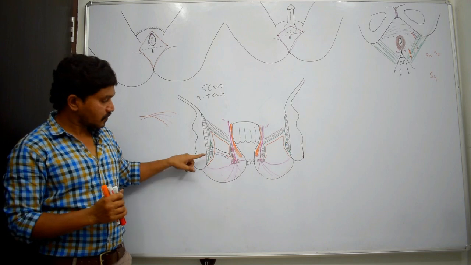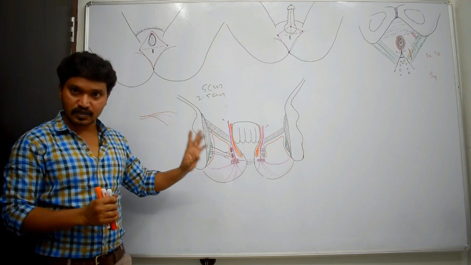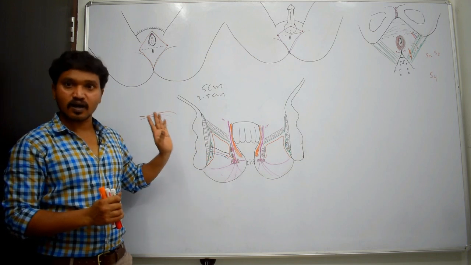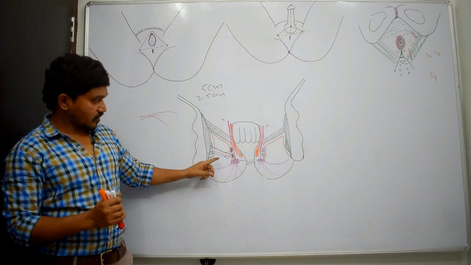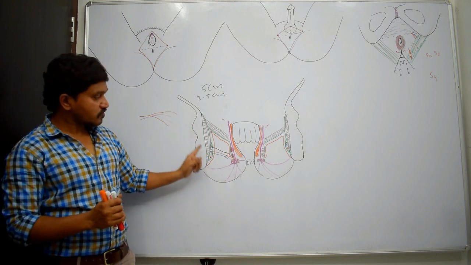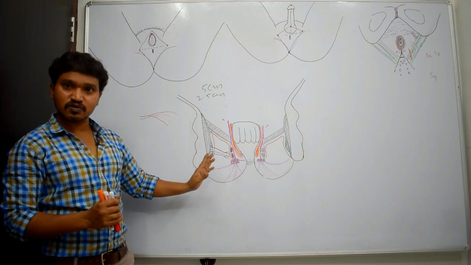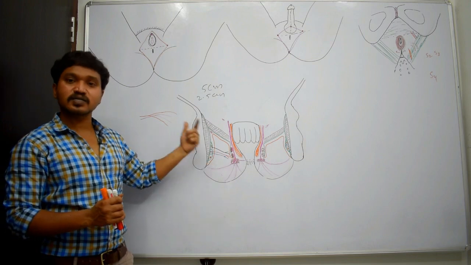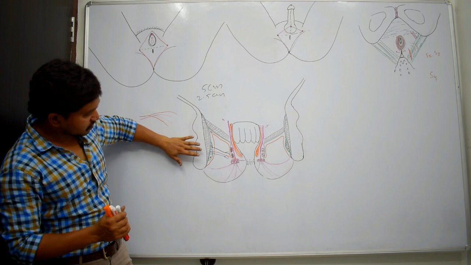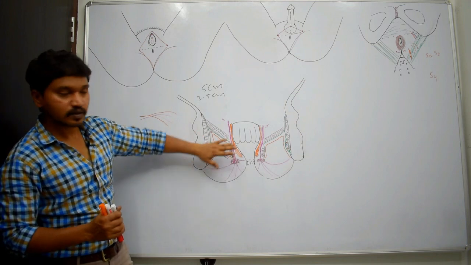Recollect once again. Internal pudendal vessels and nerves in the pudendal canal or Alcock's canal. Then inferior rectal vessels and nerves. Of course, these are branches from the pudendal nerve and internal pudendal vessels only, right? But these structures are crossing from lateral to medial side. Clear?